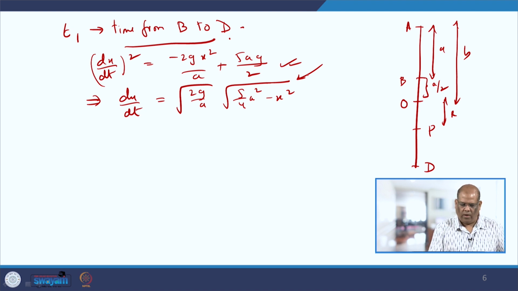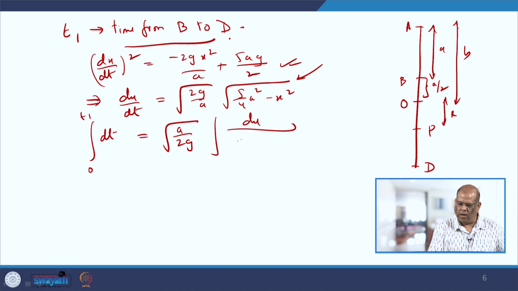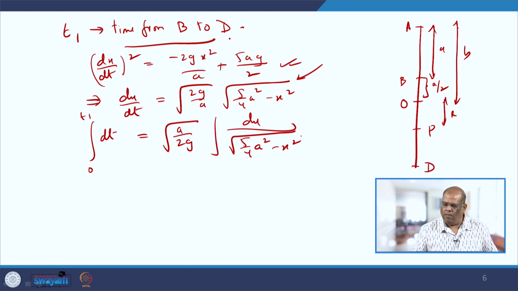So, if I want to get the time, that is dt, from 0 to t1, this will be root of a by 2g integration dx by root of a square minus x square. So, the time is calculated from B to D, from this point up to this point.